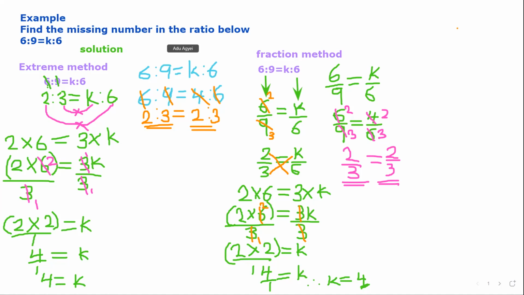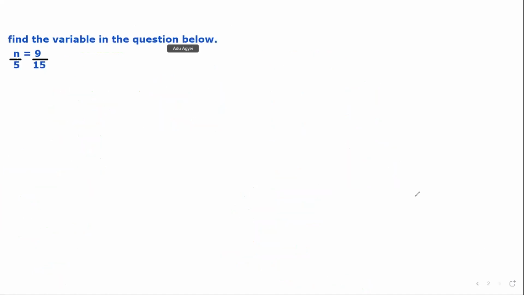Now, let's solve one more example under finding the missing number in an equal ratio. Find the variable in the equation or the questions below. Now, sometimes the question must be set in the fraction form. It's not always that the question will be in the ratio form. So if you want to use the extreme method, let's solve this one.